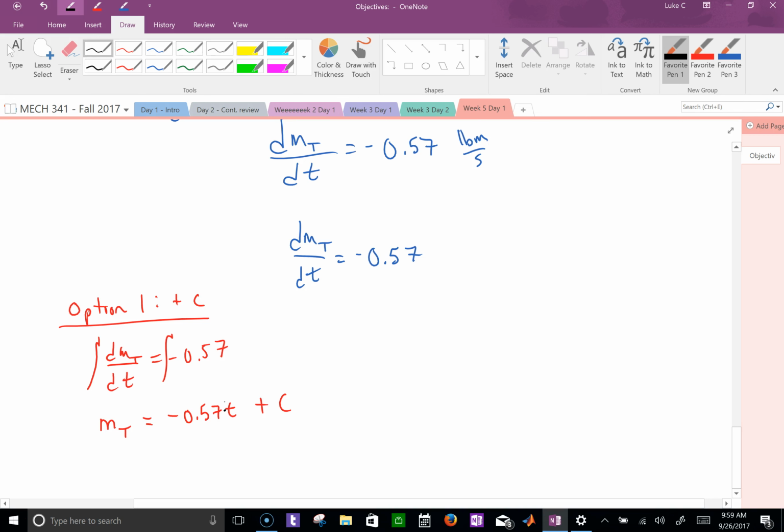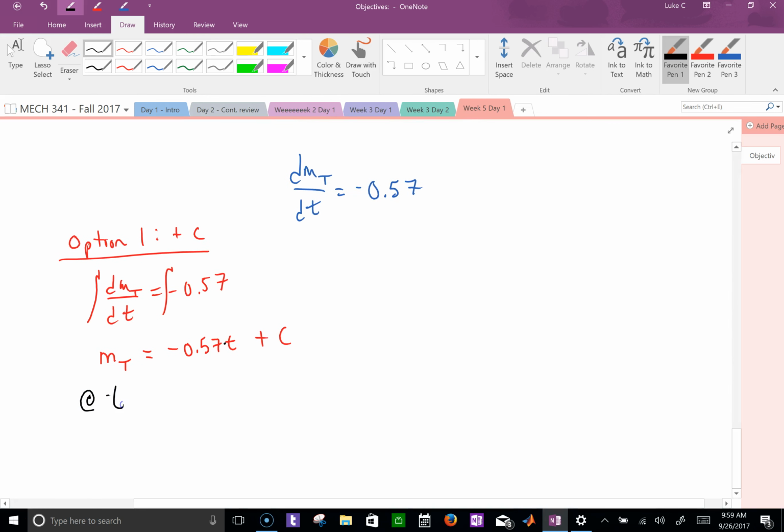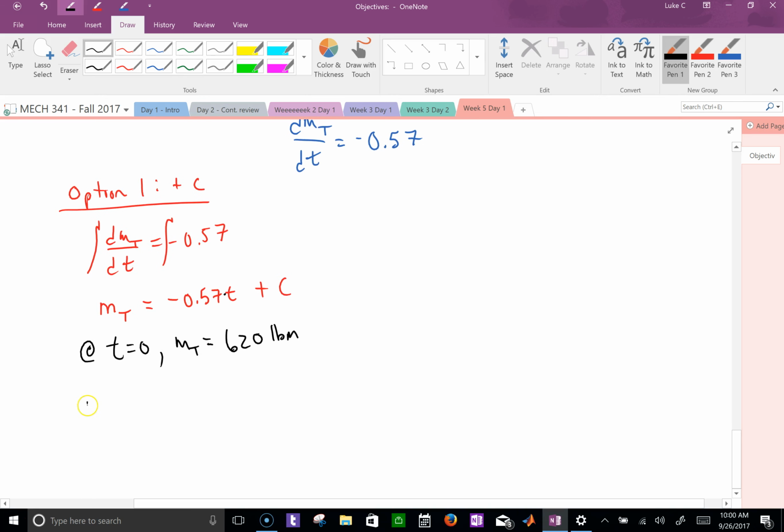Okay, now, has everyone seen this? How do we find C? What do we know at t equals 0? What's m of t? 620? So yes, 620 equals negative 0.57 times 0 plus C.